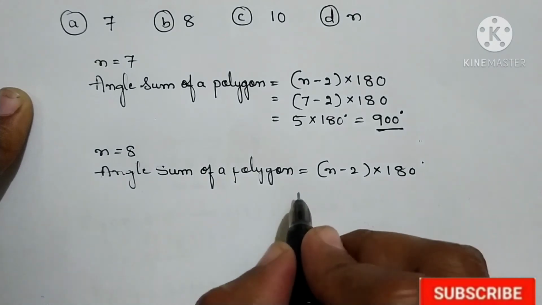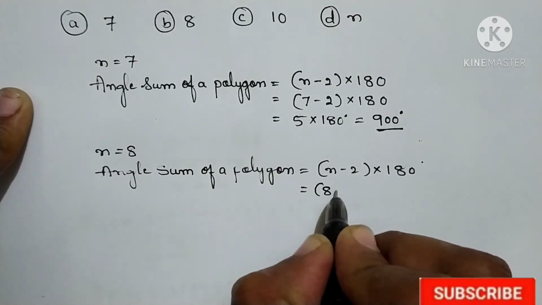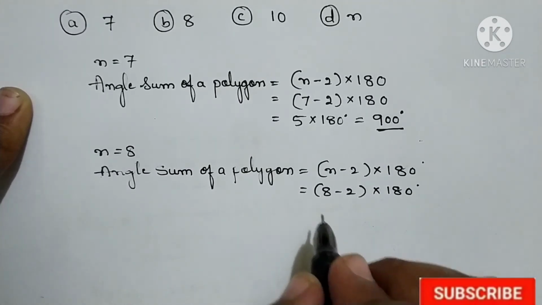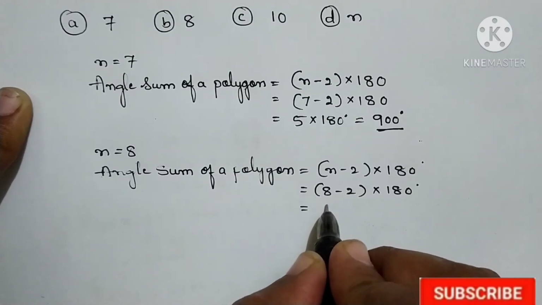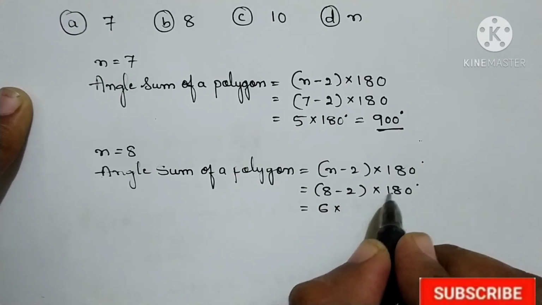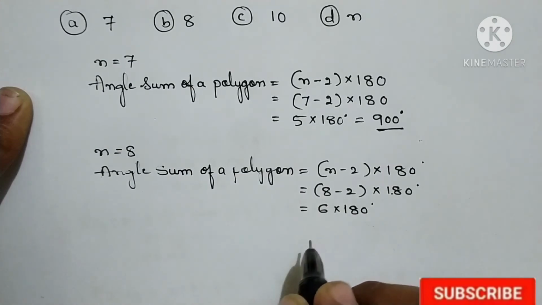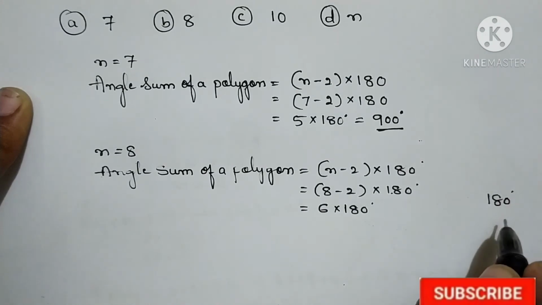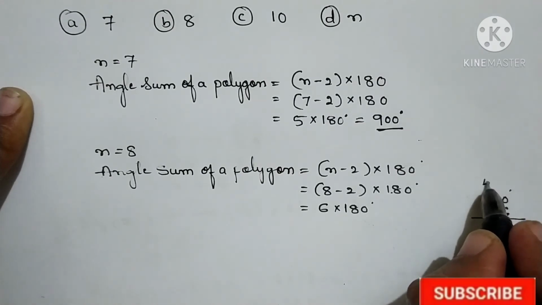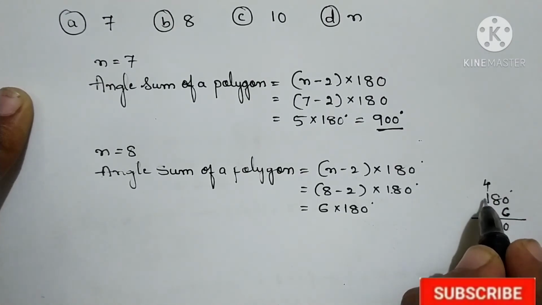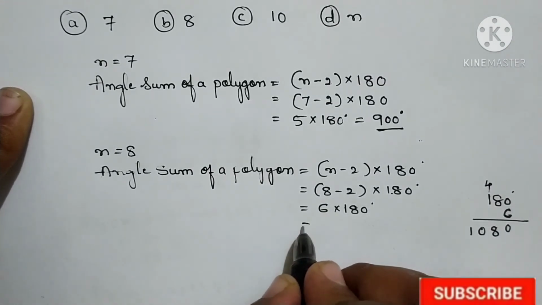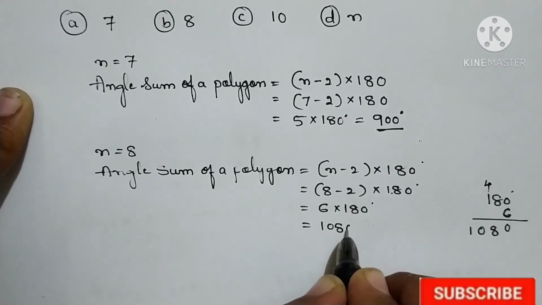Now here n is equal to 8, so 8 minus 2 into 180 degrees. Now 8 minus 2 is equal to 6, into 180 degrees as it is. Now multiply 180 into 6: 6 zeros are 0, 6 8s are 48, 6 1s are 6 plus 4, that is 10. That means here 1080 degrees.